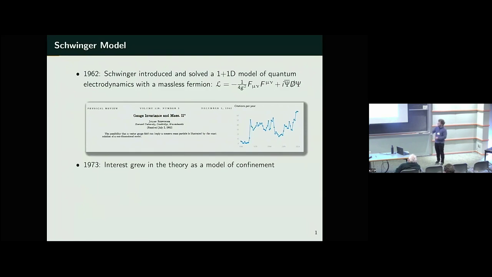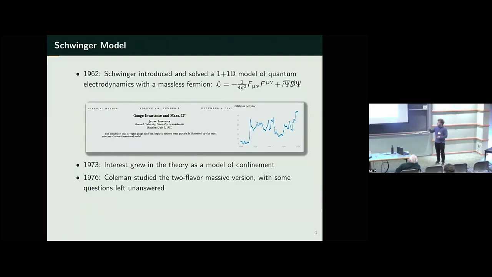And so the Schwinger model came to be seen as a really useful model of a solvable gauge theory where we have confinement. Confinement being the natural scenario in 2 dimensions with a linear Coulomb potential. And so, despite the fact that Schwinger's original model of a single massless Dirac fermion with a U1 gauge field is solvable, if you make little modifications, suddenly you have a non-trivial interacting quantum field theory.